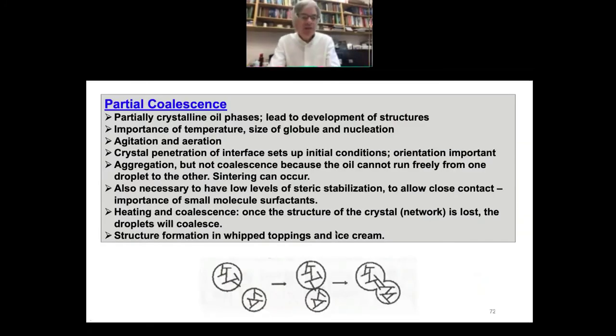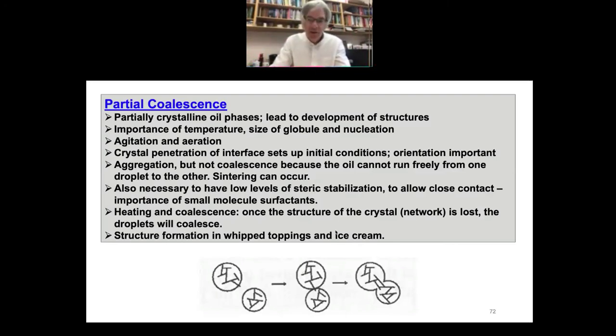The key to both of these systems is what we call partial coalescence. And partial coalescence sets up for us these fat globule networks. The first important parameter to induce partial coalescence is to have a partially crystalline emulsion.